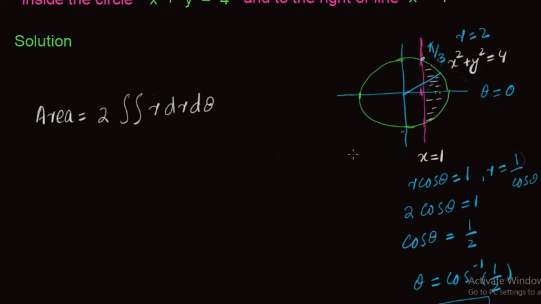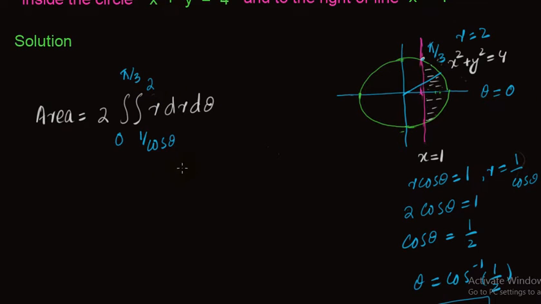So our inner curve is r equal to 1 upon cos theta and outer curve is r equal to 2. Now we can use these two limits of theta and r in our double integration. Variation of theta is from 0 to pi by 3, and variation of r is from 1 upon cos theta to r equal to 2.